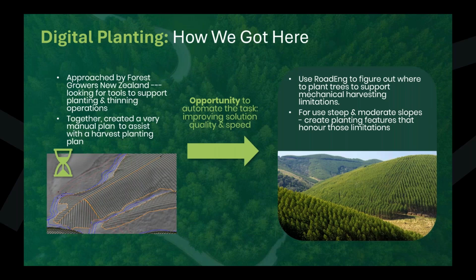Now, we actually did it originally supporting them sort of through manual design inside the software, and this was time consuming. So our development team saw an opportunity to really automate that task, improving the solution quality and of course the speed. So now we can use RoadEng to help us figure out where to plant trees and steeper slopes to support the mechanical harvesting limitations.